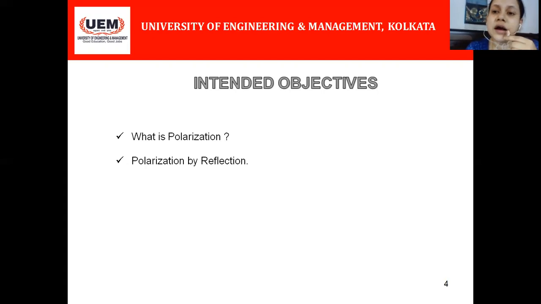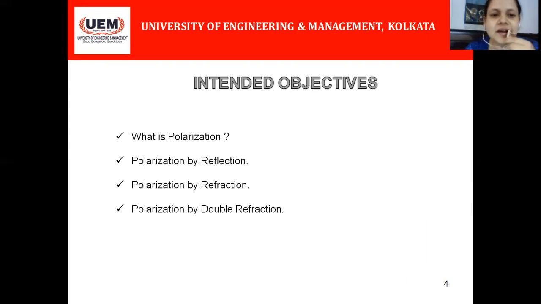Next, we will understand how can polarization be brought about through reflection. Next, we will understand how can polarization be brought about through refraction. Then we'll proceed to understand how light can be polarized through double refraction.